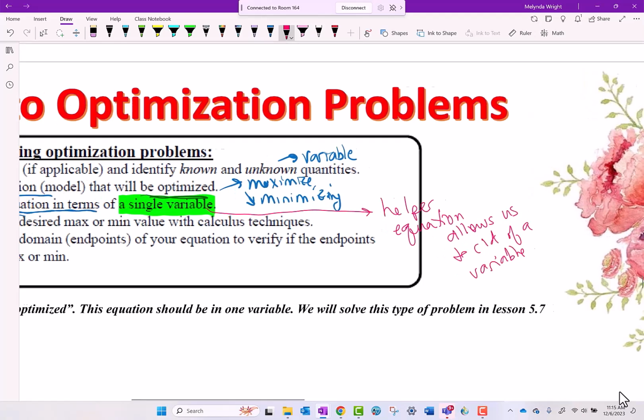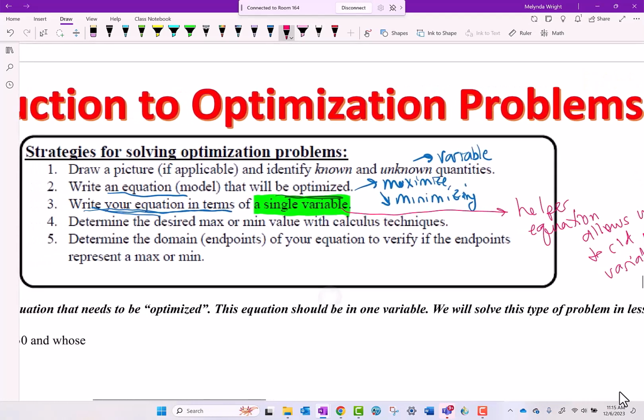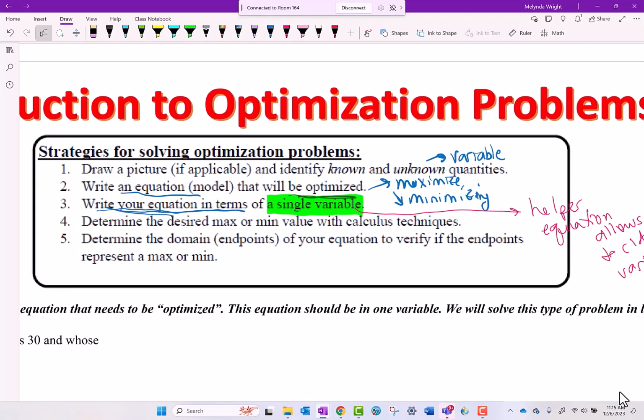Then we would determine what the max and min are with our calculus techniques, and the calculus technique that we will use is the candidates test. Then we determine the numbers that are the candidates.